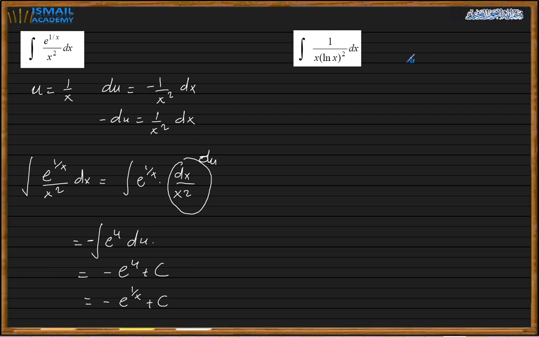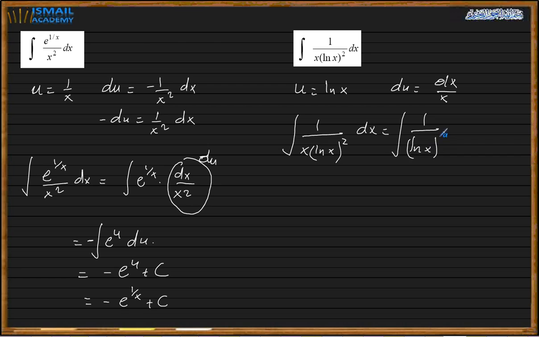For this, I choose u equal ln of x, so which means that du will be dx over x, so the integral of 1 over x ln of x squared dx is the same thing as the integral of 1 over ln of x squared times dx over x. So this is my du. So it's going to be 1 over u squared du, which is the same thing as u to the minus 2 du.